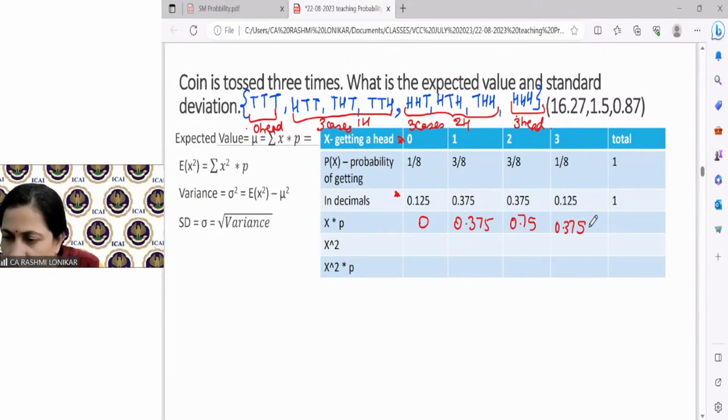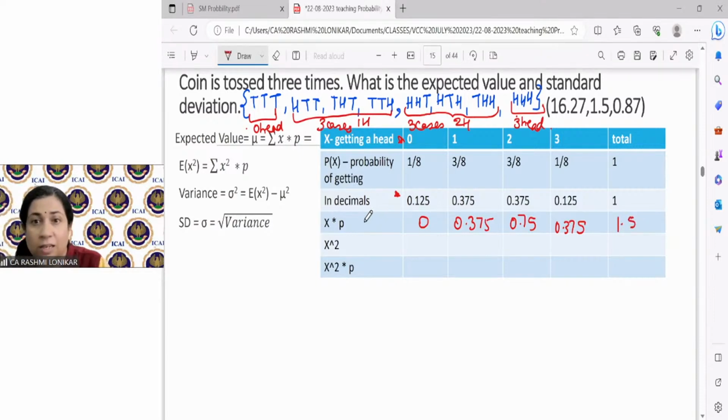Let us see: 0.375 plus 0.375 plus 0.75. This is equal to 1.5. This number can be greater than 1, because it is x into p.